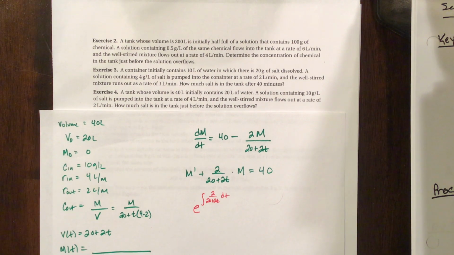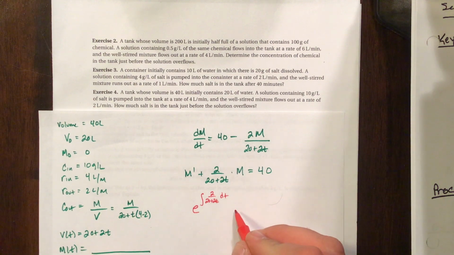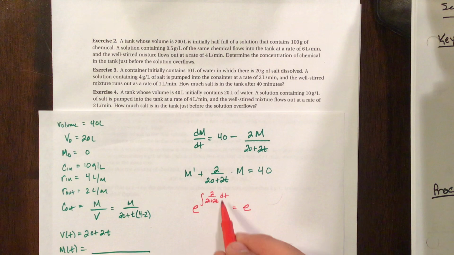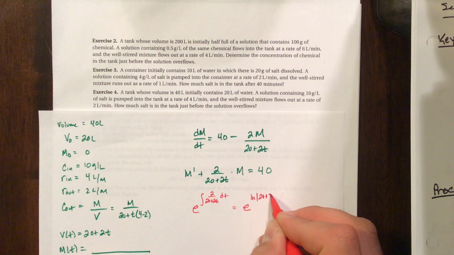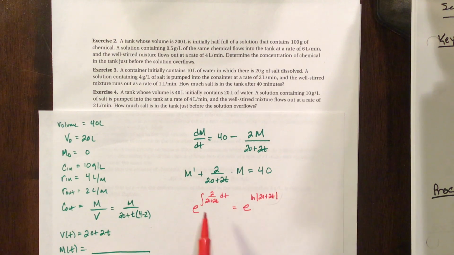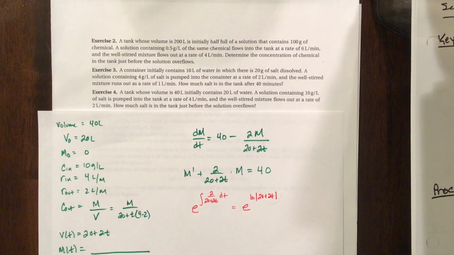Be very careful as you go through this because this is a critical step that you get right. This is e raised to the antiderivative of 2 over 20 plus 2t, which is the natural log of the absolute value of 20 plus 2t, because the derivative of the bottom, which is 2, is in the top, so it's a natural log integral. What's important is that you get the coefficient right.